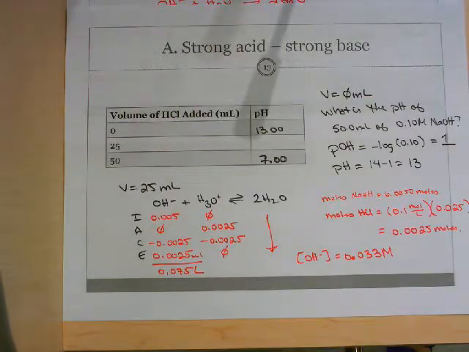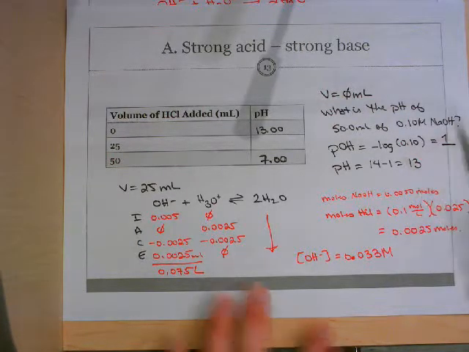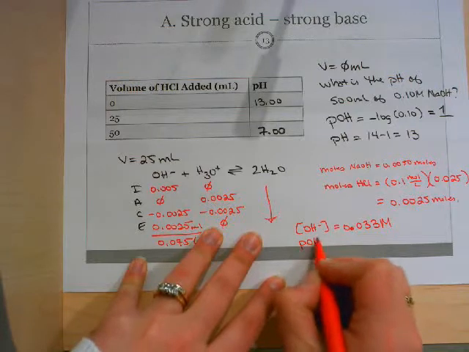Alright, so now I have the concentration of hydroxide. So now I'm going to do it exactly like I did this part up here. I'm going to find the pOH.